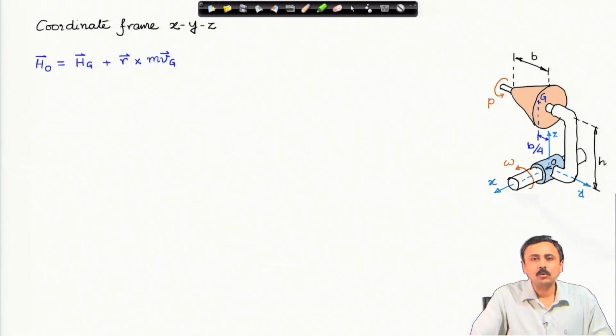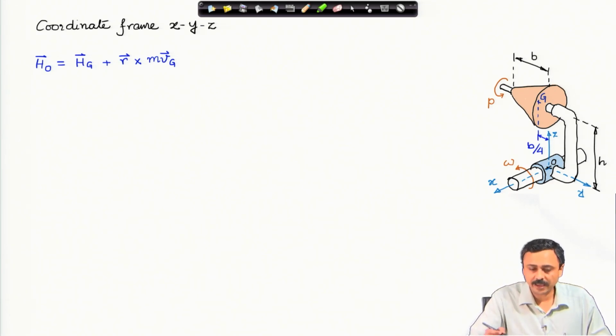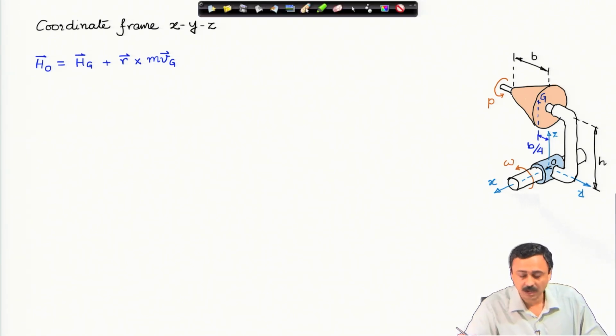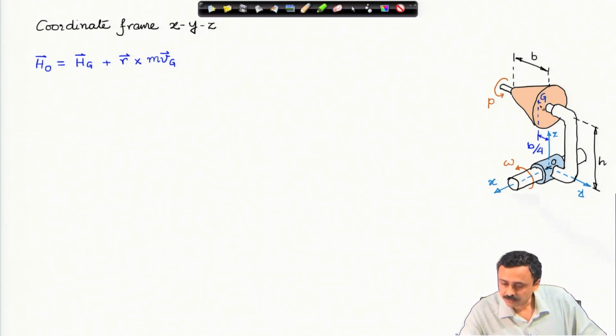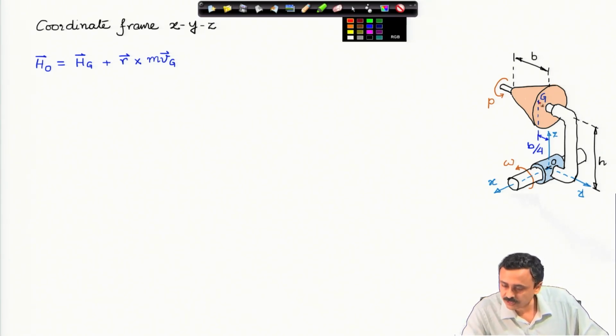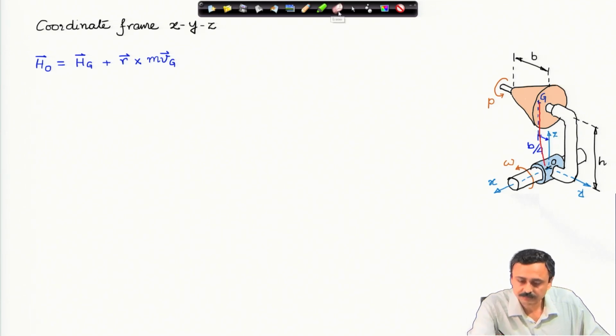Now, h o, the angular momentum of the cone about O, is equal to h g, the angular momentum of the cone about g, plus r cross m v g. What is r? Here the r vector is this one. It is not to be confused with the radius of the cone, but this vector.